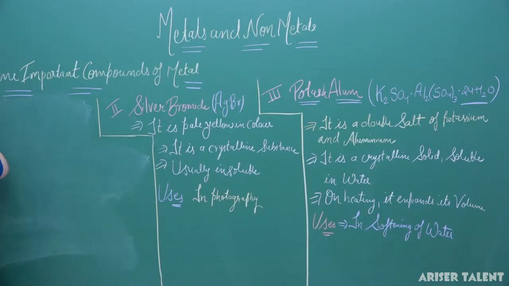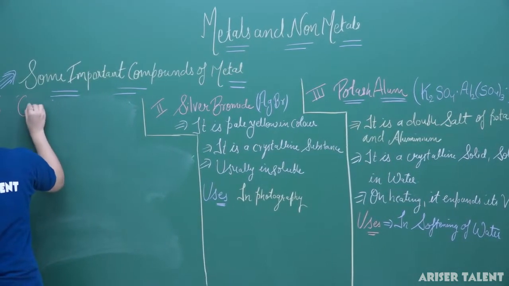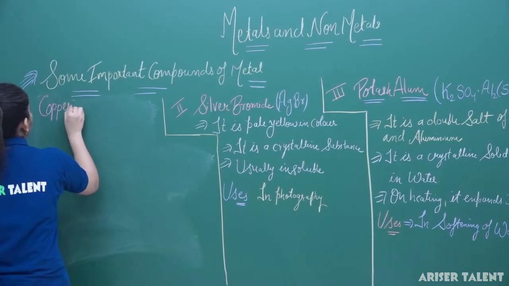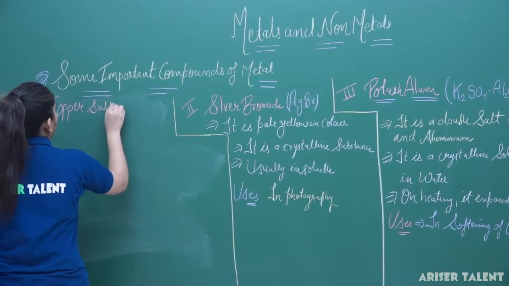The fourth category of the compound is copper sulphate.